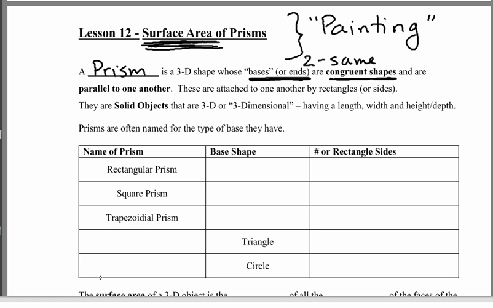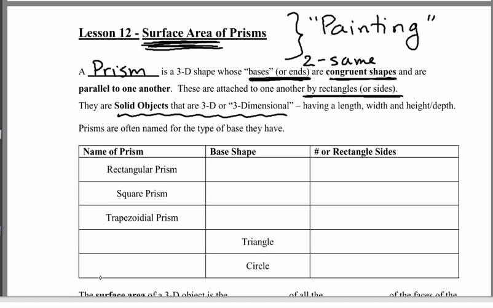But all the bases are always attached by rectangles or sides. So these are solid three-dimensional objects. They have a length, a width, and a height. So that's what we're going to be working with, prisms in this lesson.